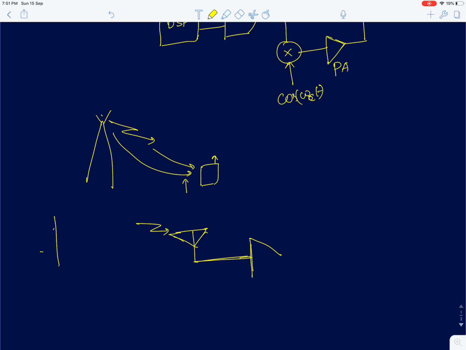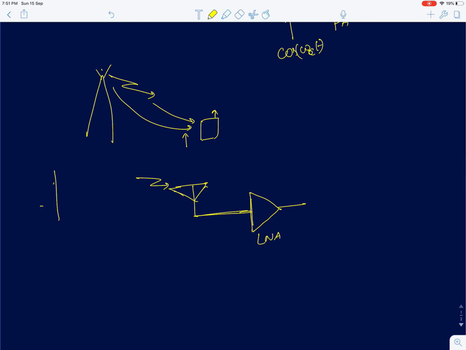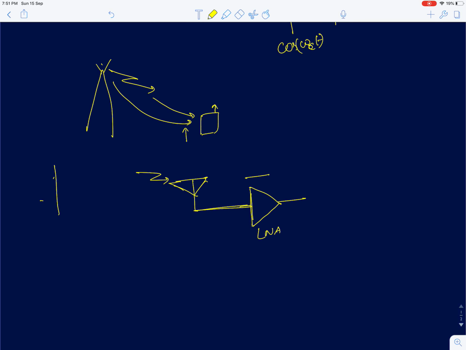So the first stage, as you see, at the receiver will be a low noise amplifier. So there are two conditions for this amplifier. We will go about these amplifiers in much detail once we start discussing the circuit design for the amplifiers. But here, why it is a low noise amplifier is that the signal level is very low because it undergoes huge attenuation before it reaches the low noise amplifier.